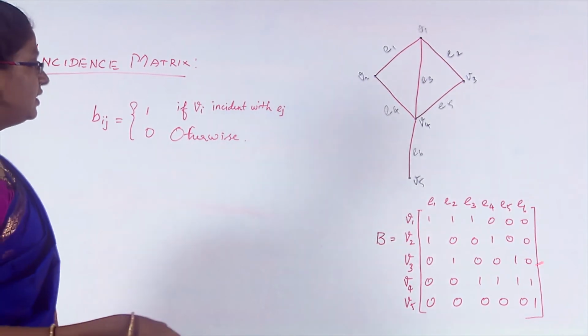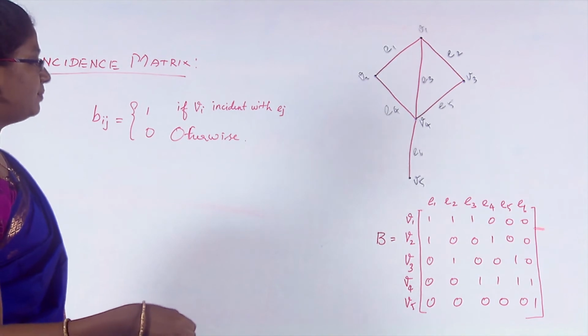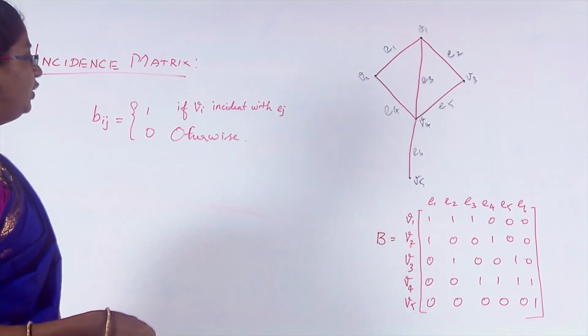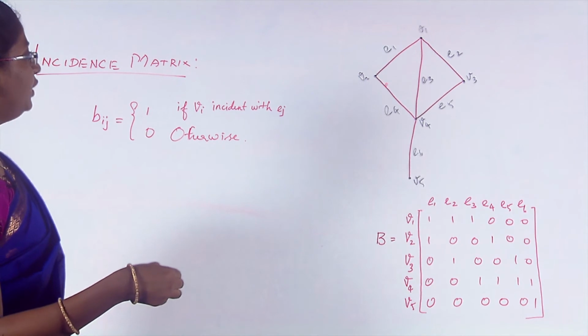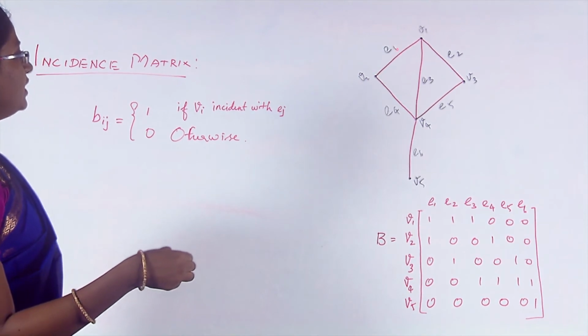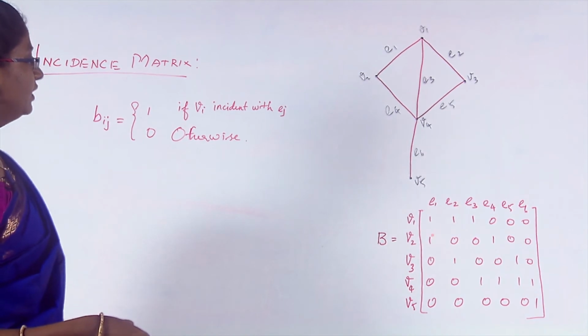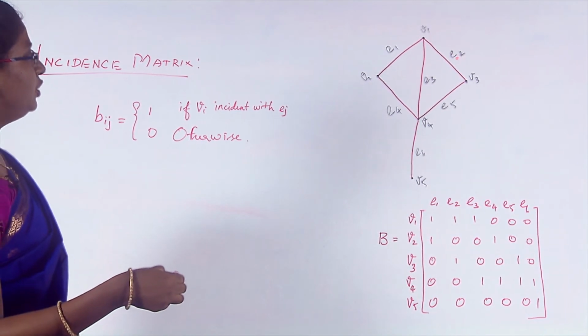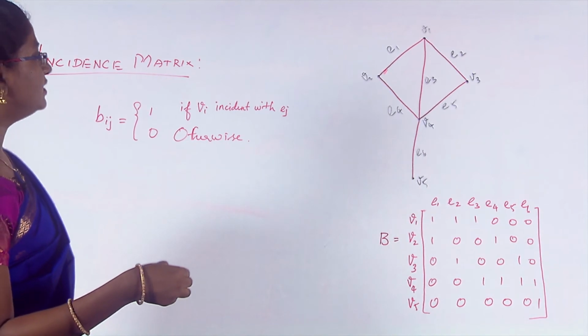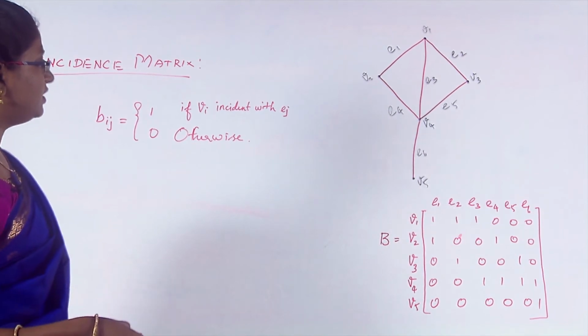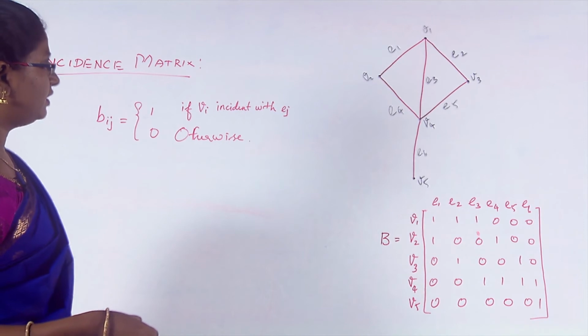Similarly, consider the second row. The second row corresponds to the vertex V2. Look at the vertex V2. Here, E1 is incident on V2, so the entry becomes 1. E2 is an edge which is not incident on V2, so the entry is 0. Similarly, E3 is 0.